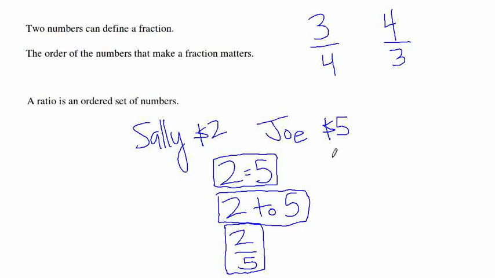Let me give you another example of a reason you might want to combine numbers besides creating fractions. Okay? So suppose somebody was driving down the street at 20 miles per hour.